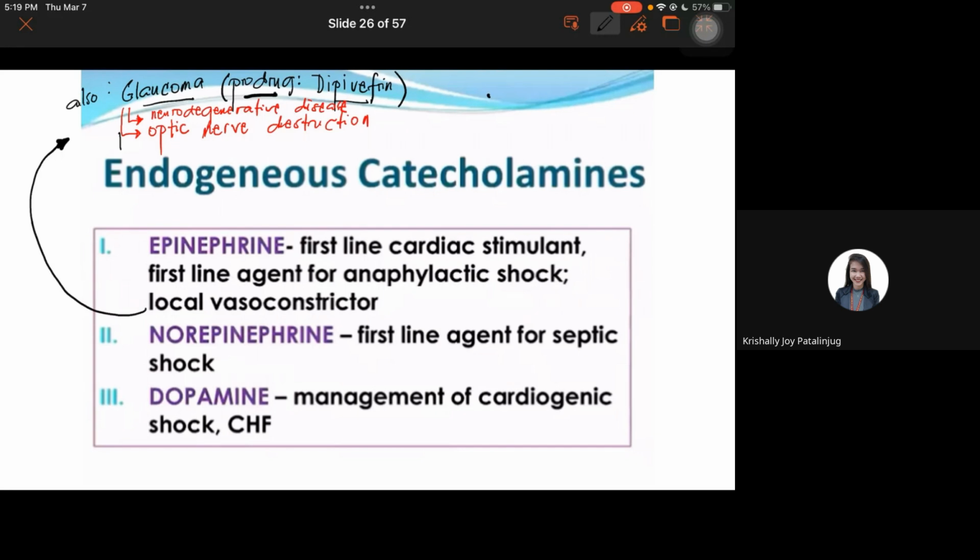Okay? So yung underlying cause pala, bakit nasisira yung optic nerve? Due to accumulation, too much of aqueous humor. Tama ba yung spelling? Okay. Aqueous humor. Yan, again, it's a nutritional source, no? Or nutritional liquid siya sa mata.